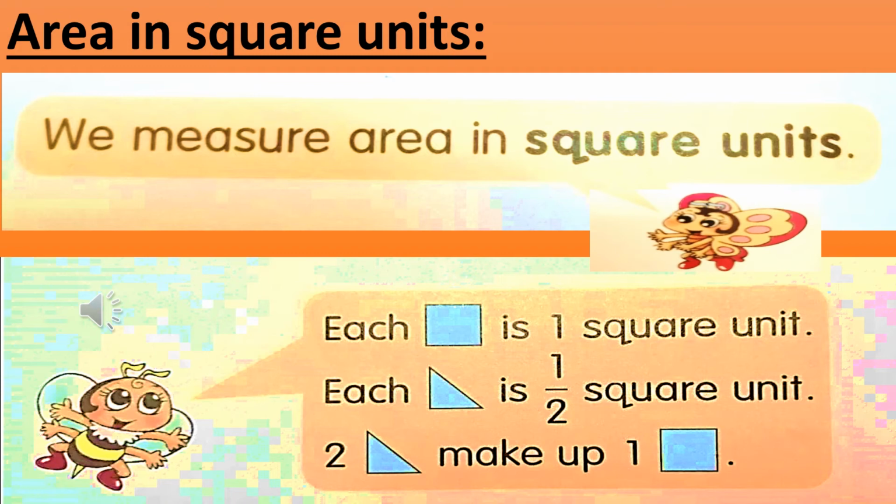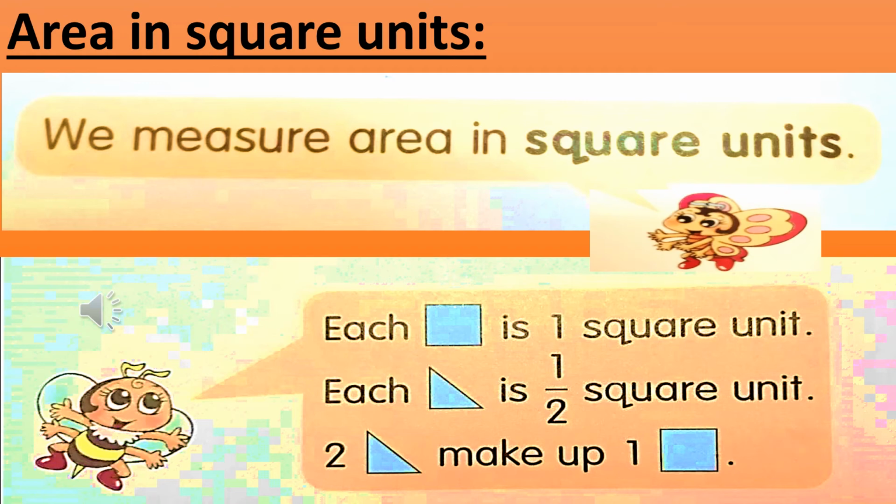Before I tell you about measuring area in square units, you have to remember this. I told you before, remember it. Each square is equal to 1 square unit and each triangle is half a square unit. How?